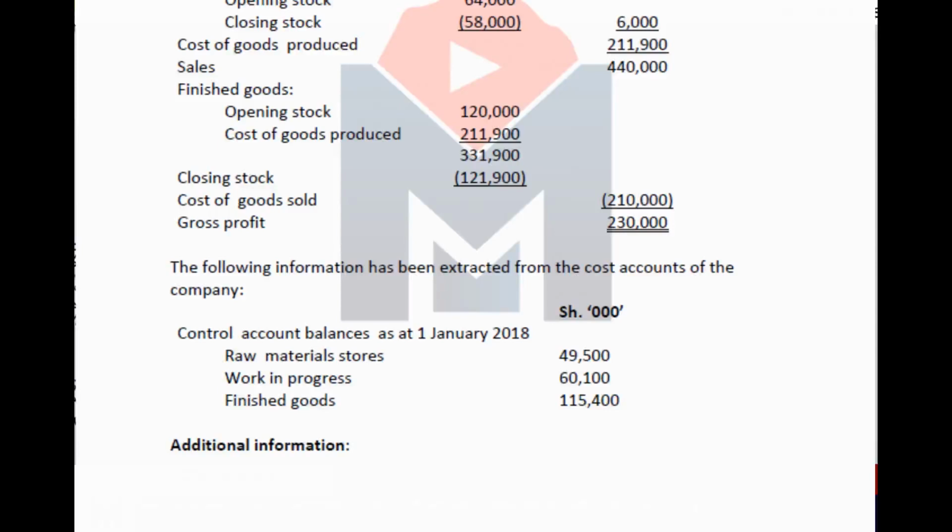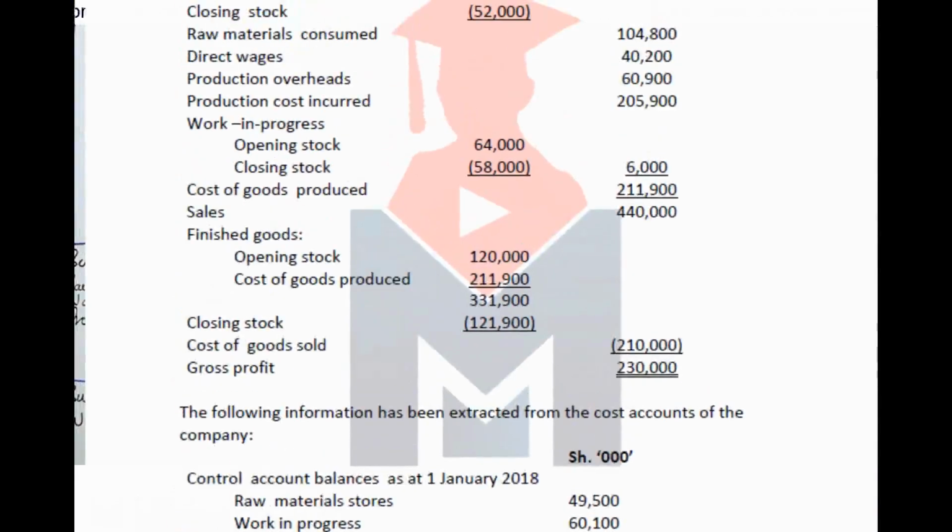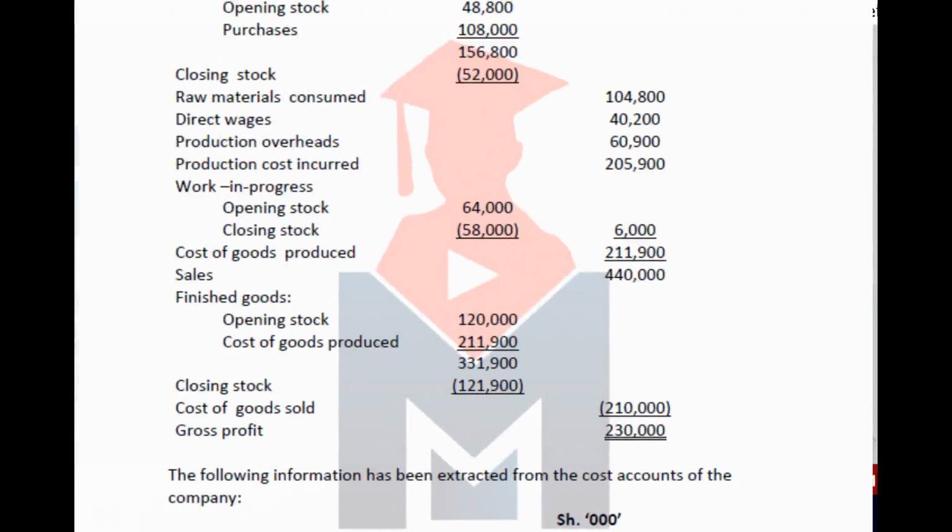We were given what? I was given sales. I hadn't taken care of our sales, so I'll have to consider our sales. So my sales figure given, our sales figure I was given there to be how much? 440,000. So this is what we'll be having on the debit side, because we credited our sales account.